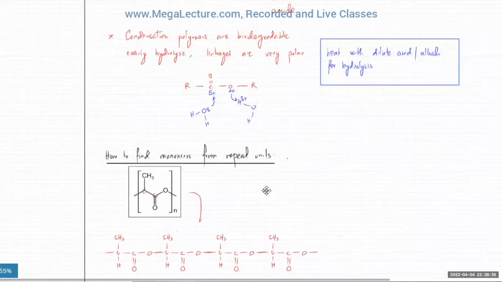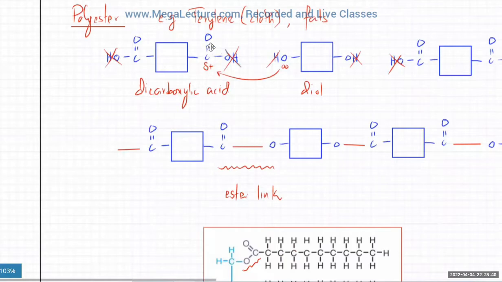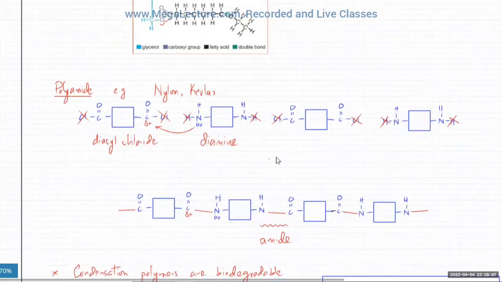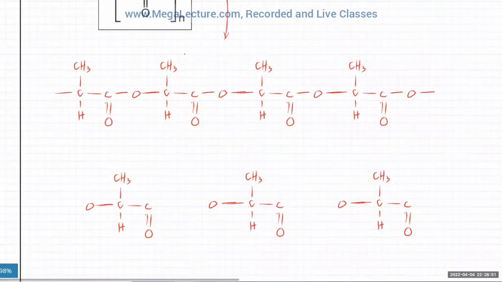And if you go back and have a look, if you break the ester link, the double bond O turns back into an OH, and an H gets added to the oxygen over here. That's what we're going to do. So the double bond O gets its OH back. The O gets its H back. This O gets its H back.